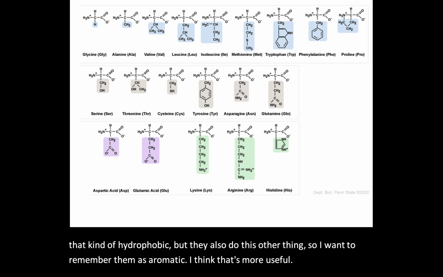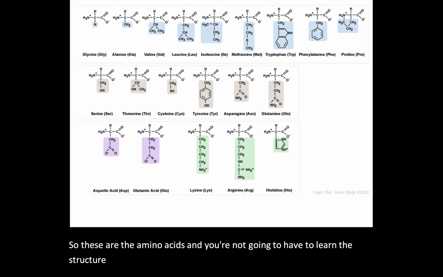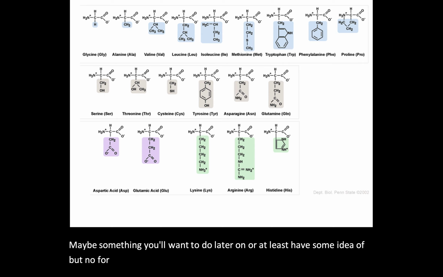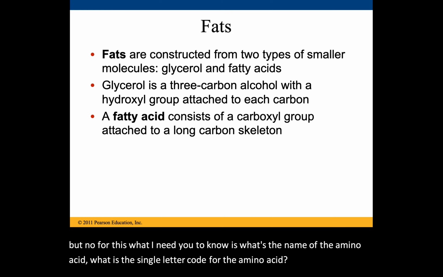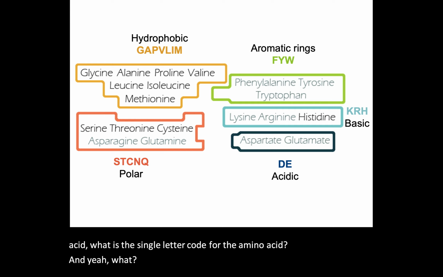So these are the amino acids. And you're not going to have to learn the structure for them. That's maybe something you'll want to do later on, or at least have some idea of. But for this, what I need you to know is the name of the amino acid, the single letter code for the amino acid, and one of its properties.